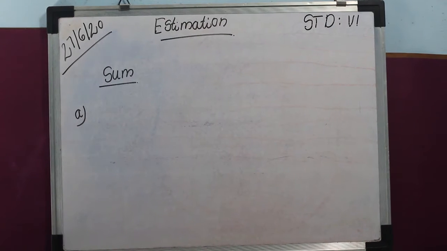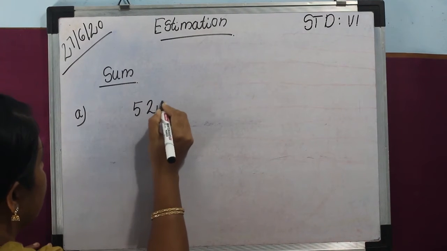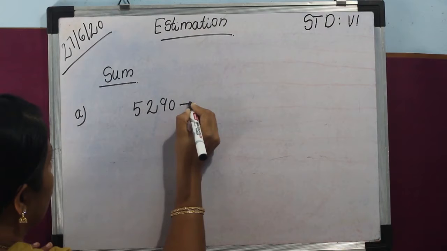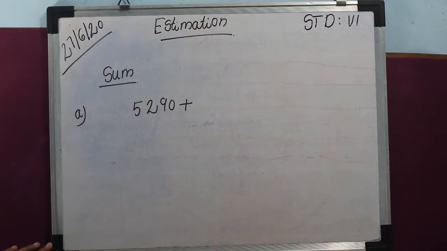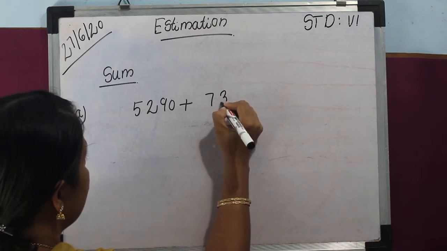First example, estimate the number 5290 plus 7384.